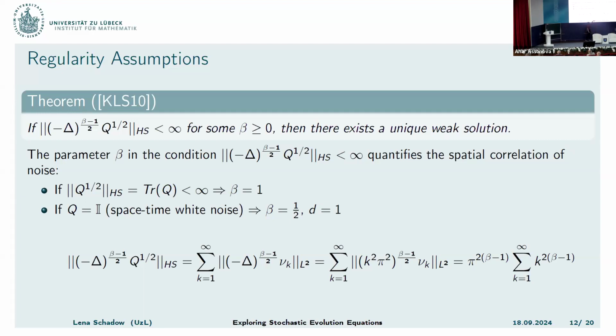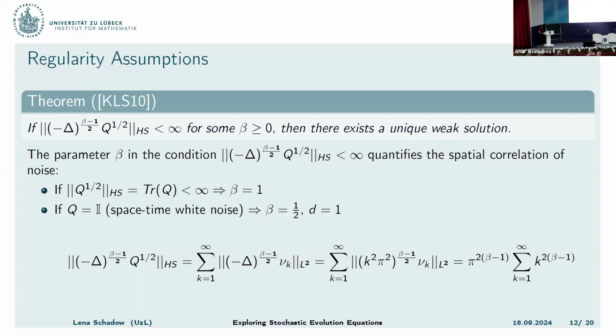This is the computation for the one-dimensional case, because there I also get the eigenvalues of the Laplacian, and I can put it out. And I discover I can put beta to something smaller than 1/2, and I get the existence.